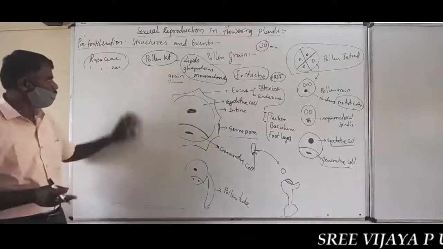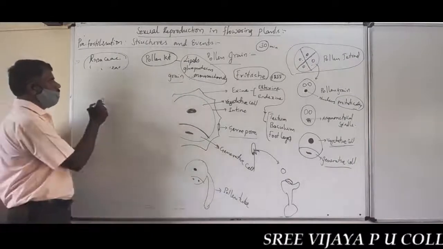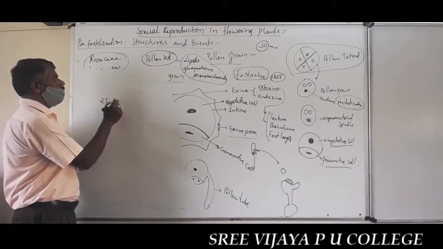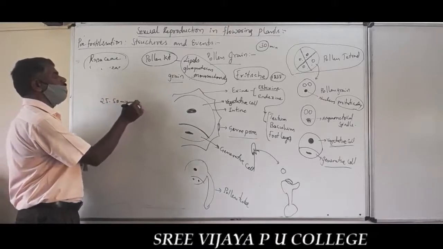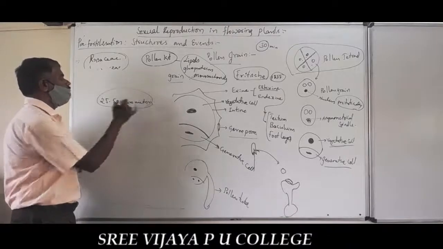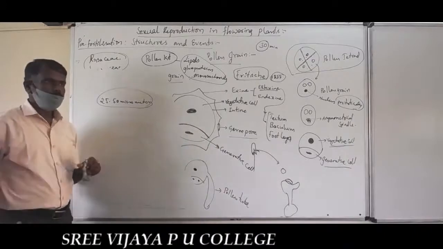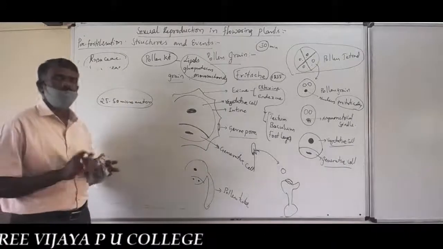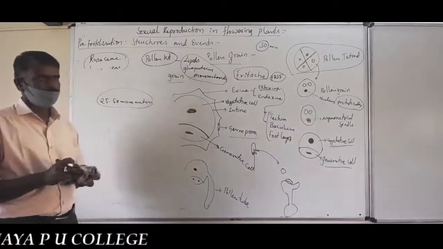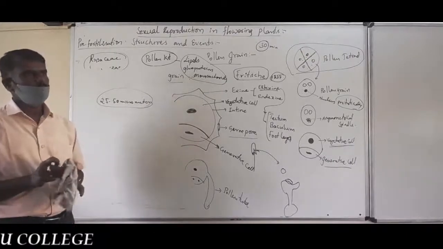The size of these pollen grains is nearly 25 to 50 micrometer, which is very small.